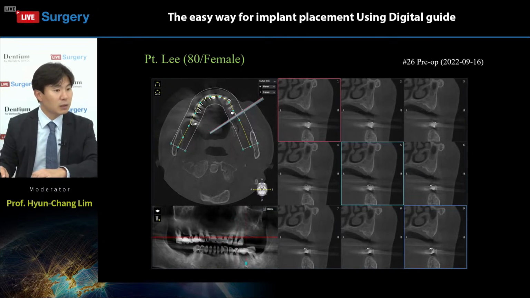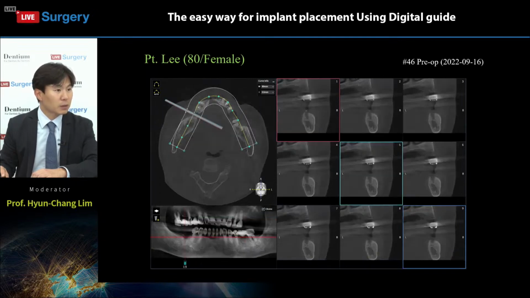Bone height is, I think, enough for having an implant in a standard length. But on the buccal side, we can see some ridge resorption. This is the situation of 46. Compared to the clinical photo, bone width looks nice, but I think he may perform contour augmentation for better tissue contour.